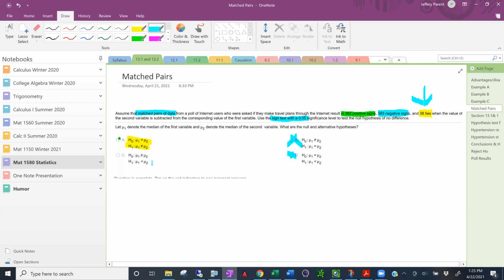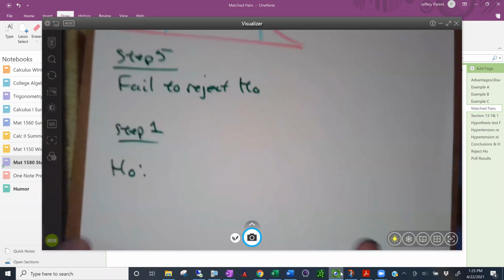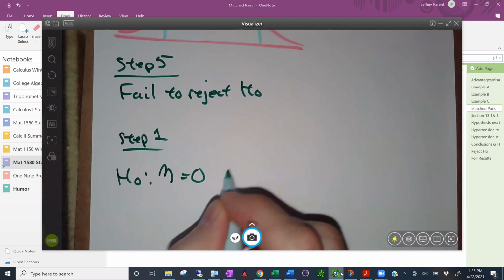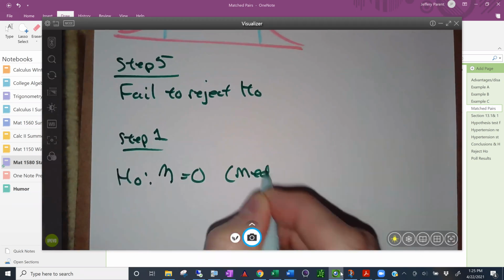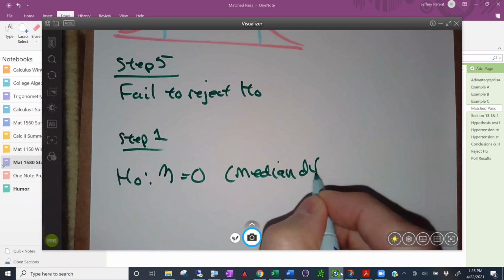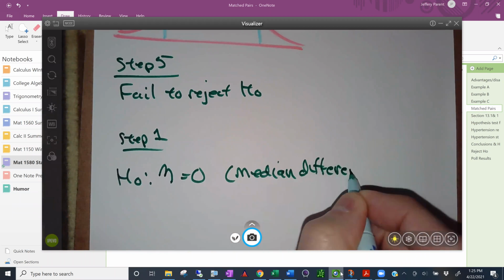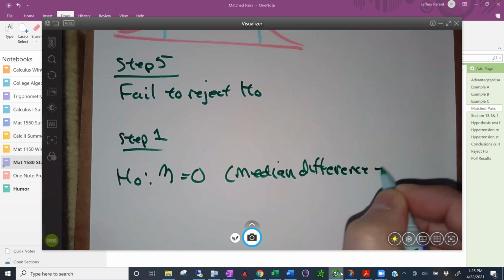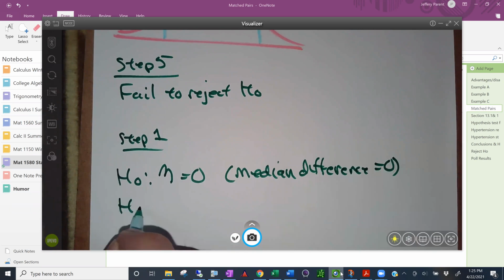So the correct one is the equal to and not equal to. You could also write eta is equal to 0 and eta is not equal to 0. Eta equals 0 is a median difference, equal to 0, and then not equal to 0.